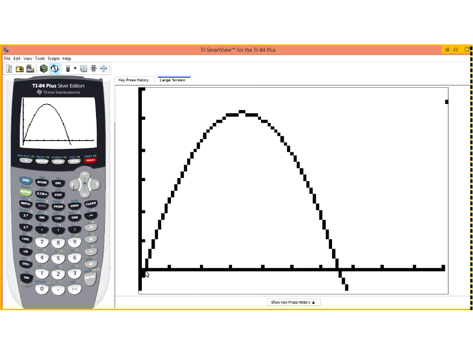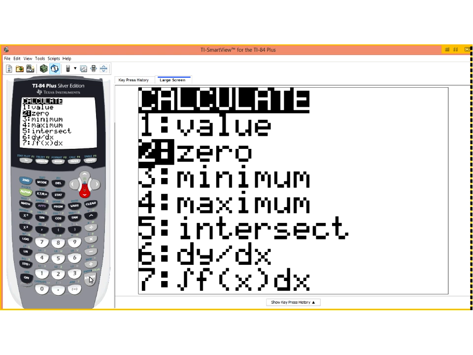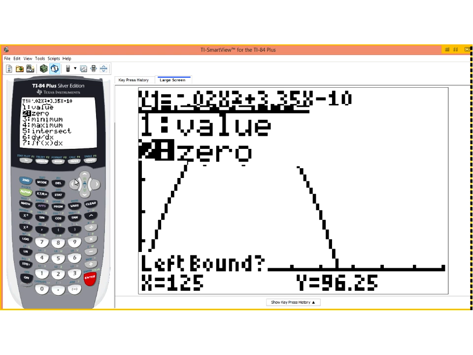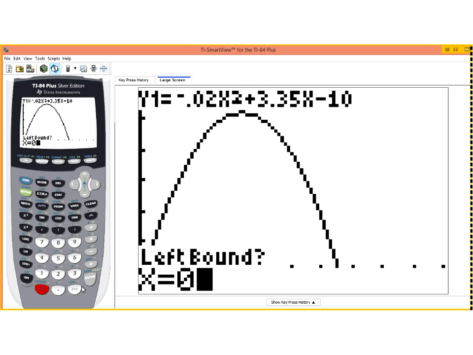Okay, there's one break-even point, and there is the other. To find that break-even point, go second calc, go down to 0, because break-even points are zeros of the function. I want the left bound.